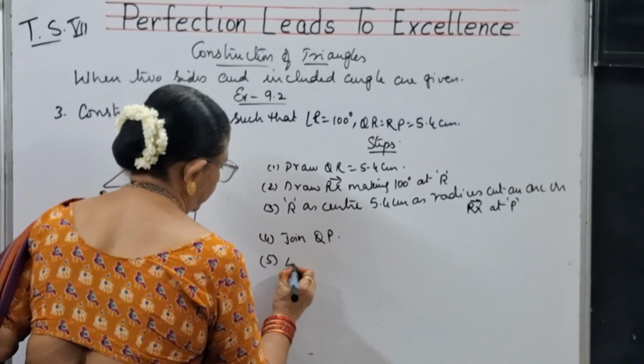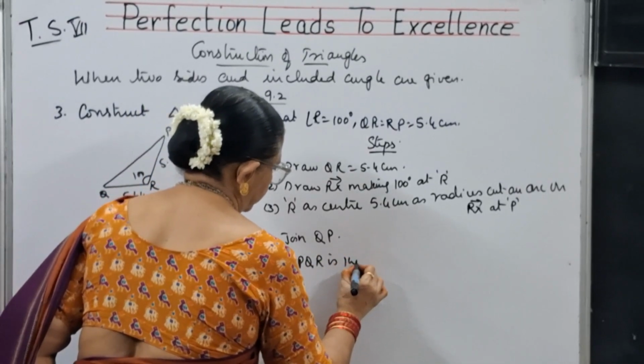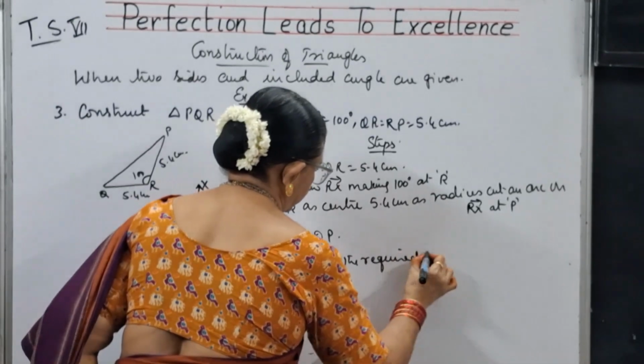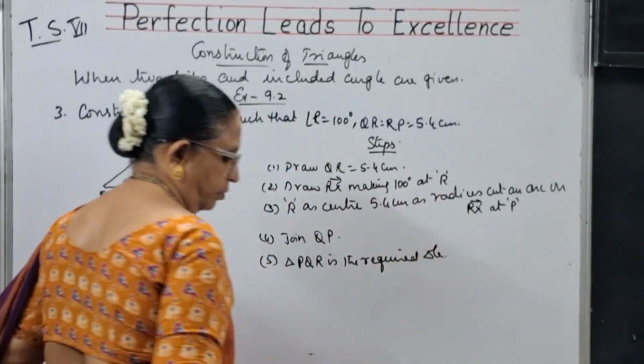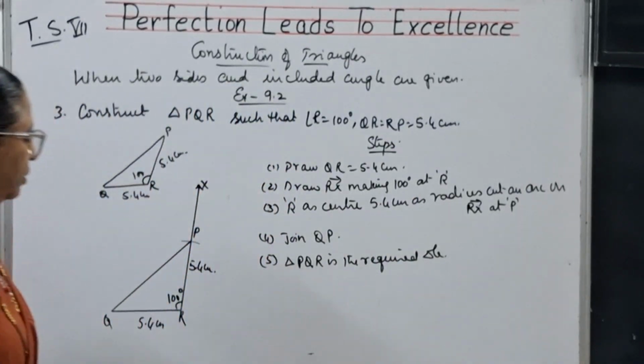Fifth point, triangle PQR is the required triangle. This is third problem, children. Please note it down.